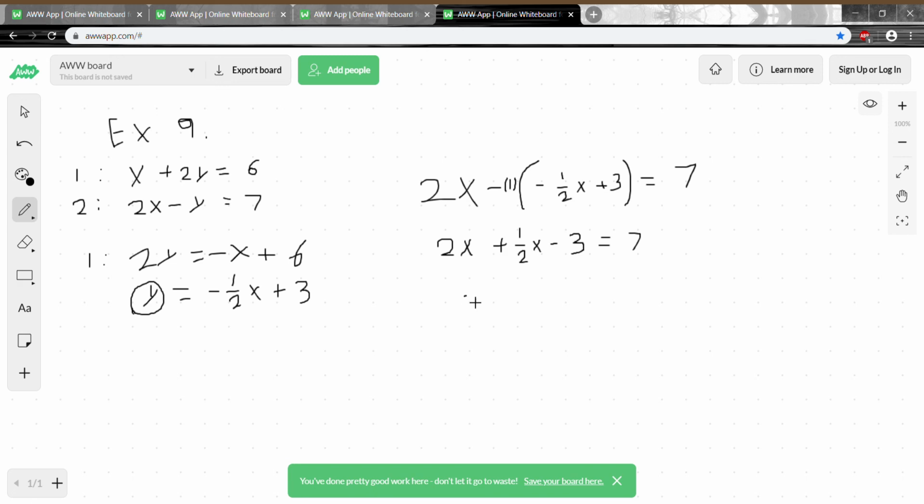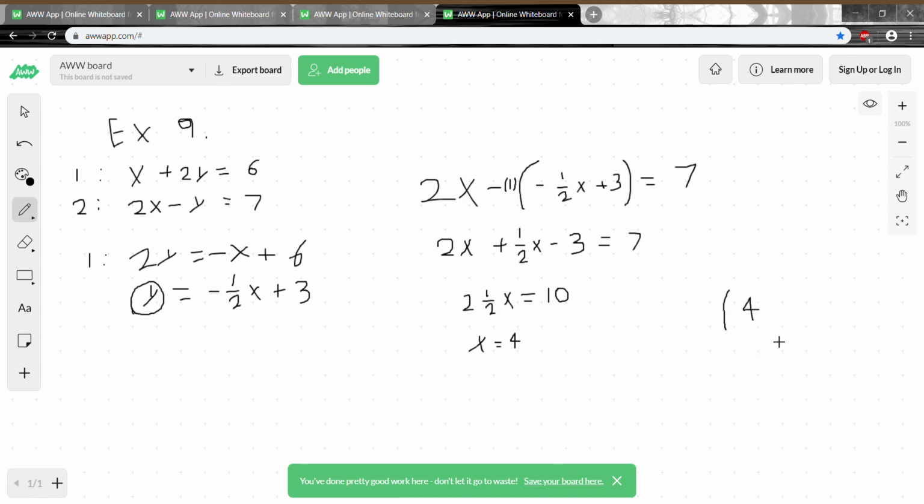That's going to give us that 2 and 1/2 x is equal to 10. Now, if we take 10 and divide it by 2.5, that means our x is going to equal 4.